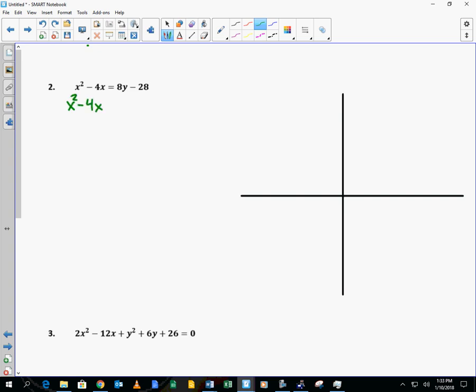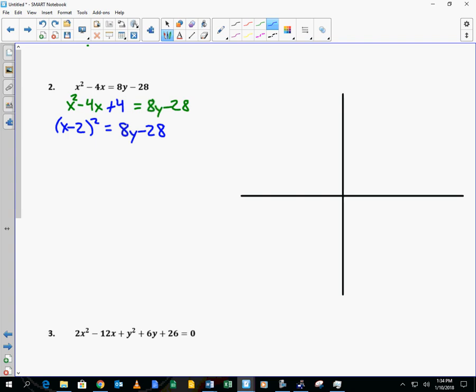Completing the square is going to go pretty quick here. What do we add to complete the square? 4. So my x's are already gathered together for me. I just add that 4. And now I have x minus 2 quantity squared is equal to 8y minus 28.